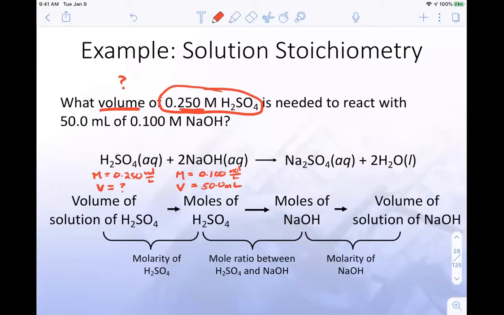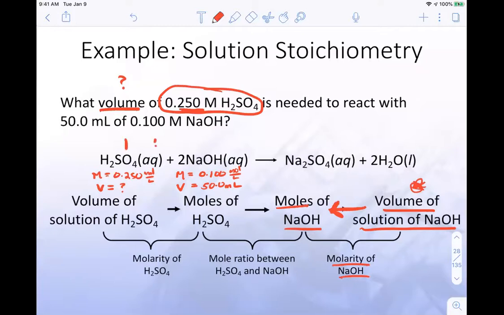This is actually a little bit backwards. What I'm actually doing is starting over here. From the volume of the solution of NaOH and the molarity, I can calculate the moles of NaOH.